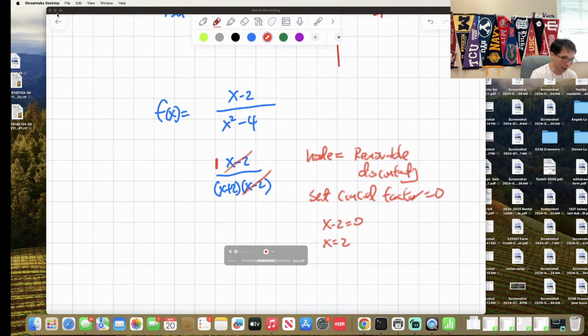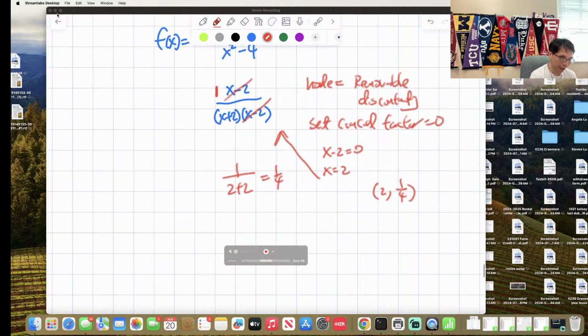Now you plug into the new equation: 1 over 2 plus 2, so equal to 1 over 4. The hole location is at 2 comma 1 over 4. So this is known as removable discontinuity. Why is it removable? Because it's a hole. You can just plug in the value and it's going to fill in the hole. Removable discontinuity. Got it? Am I going too fast?